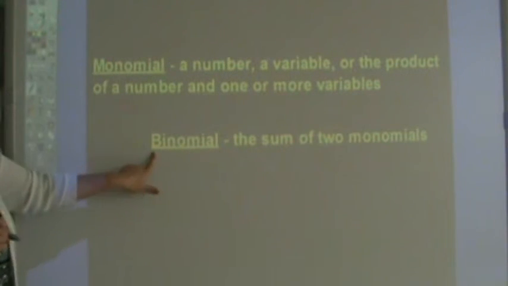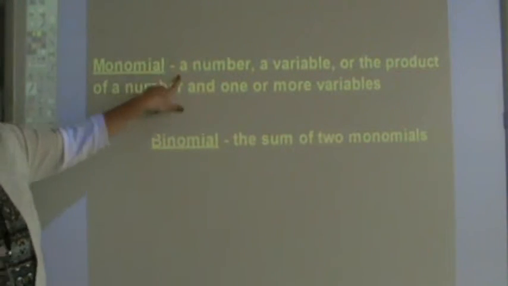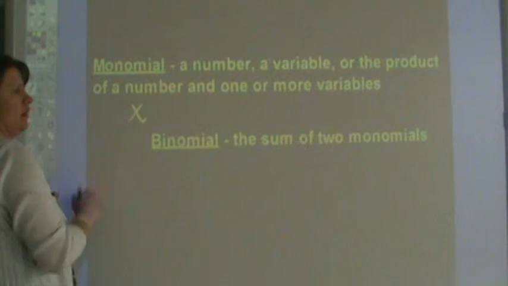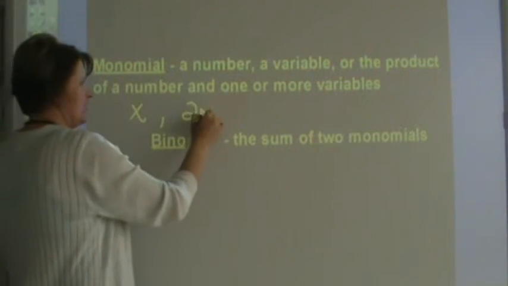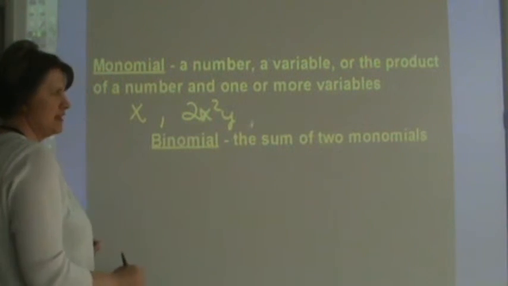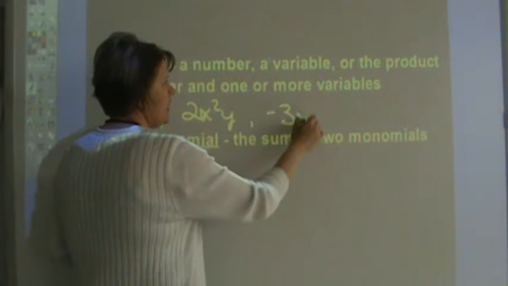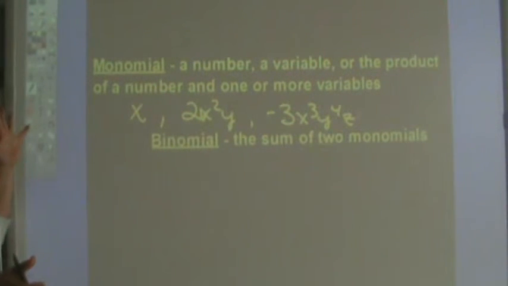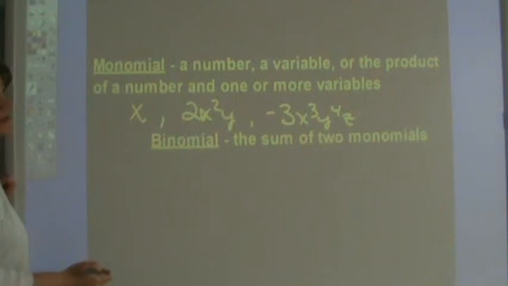Okay, monomial versus binomial. A monomial is a number, a variable, or the product of a number and one or more variables. Like x is a monomial. 2x squared y is a monomial. Negative 3x cubed y to the 4th z, still a monomial. Okay? Binomial is the sum of two monomials.